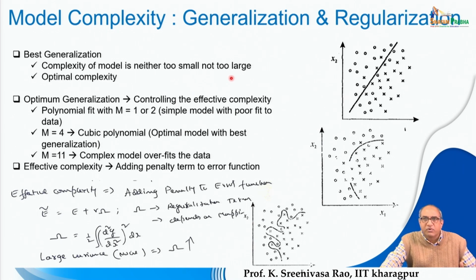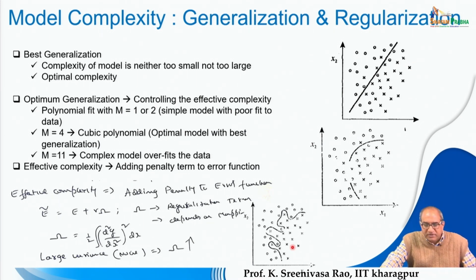And so, therefore, when you are trying to capture the underlying function, the complexity of the model should be neither too small nor too high, right, because we have a problem. If the model is very less complex, we end up with bias, and if the model complexity is too high, then we end up with high variance. So both the higher bias and higher variance are not desirable. So, therefore, optimal complexity is required, right.